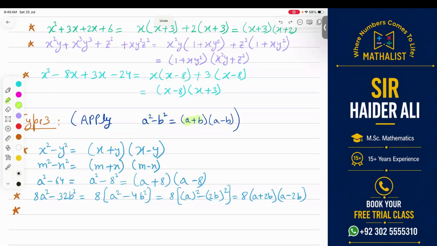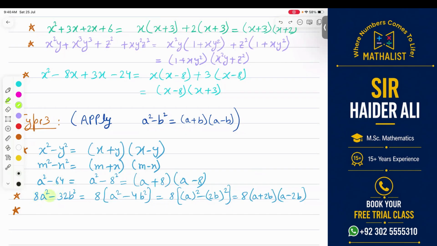It will be a plus b, a minus b. Similarly, m square minus n square is m plus n, m minus n. A square minus 64, a square minus 8 square, it will be a plus 8, a minus 8.